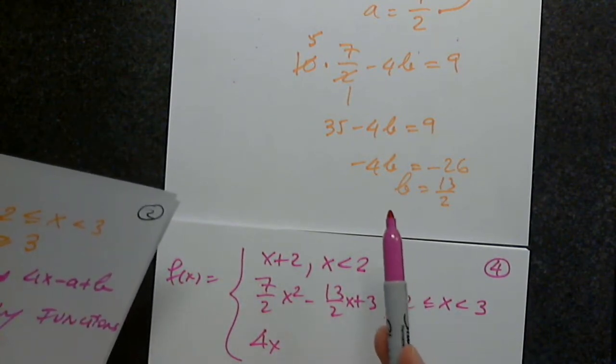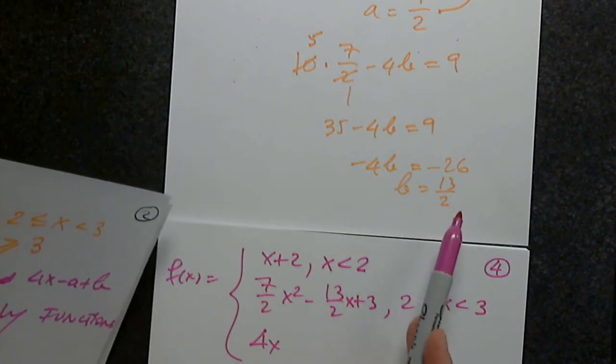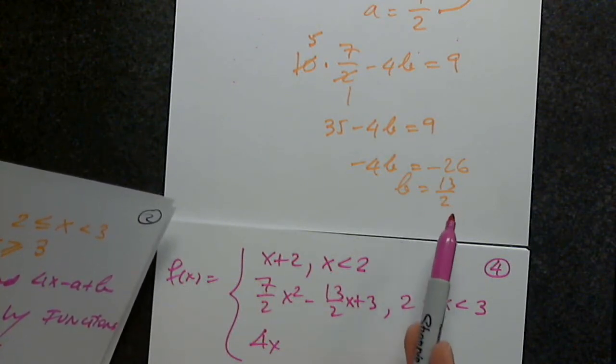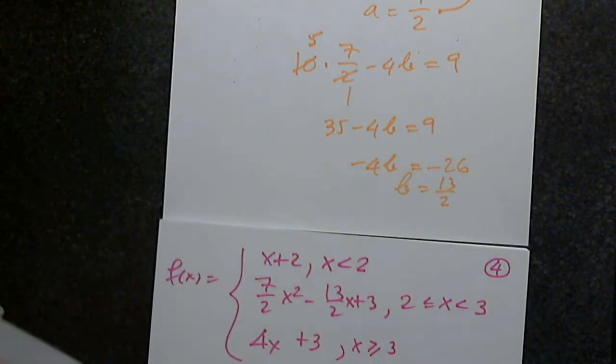And I have negative a plus b. So negative 7 plus 13 is 6. 6 divided by 2 is 3. Negative 7 and 13/2, yes, 6 over 2, so that's 3.